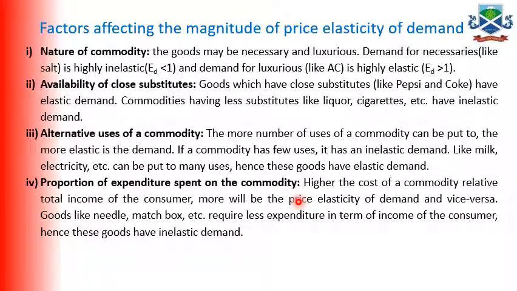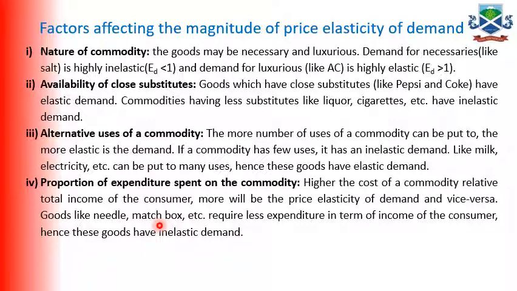But if you spend a small proportion of your total income on a commodity, for example you are buying needles or a matchbox for 2 rupees, 5 rupees, it does not make sense that even if the price increases by 100%, from 1 to 2 rupees, you are not going to buy it.